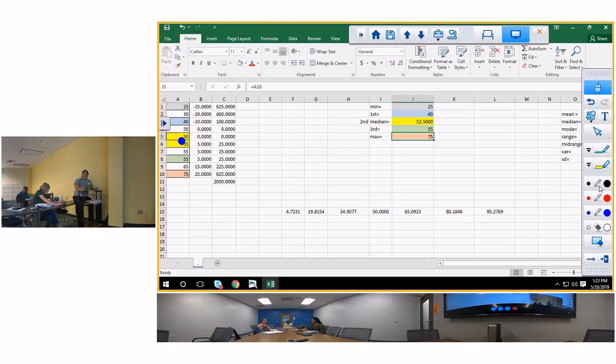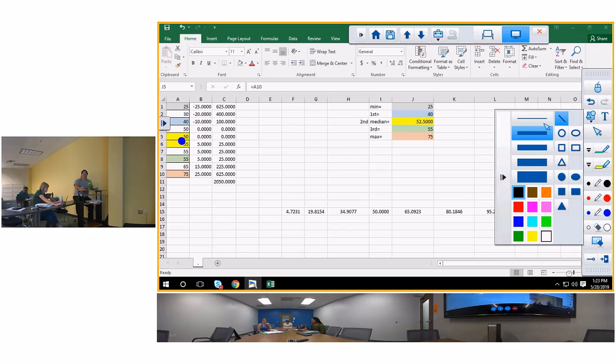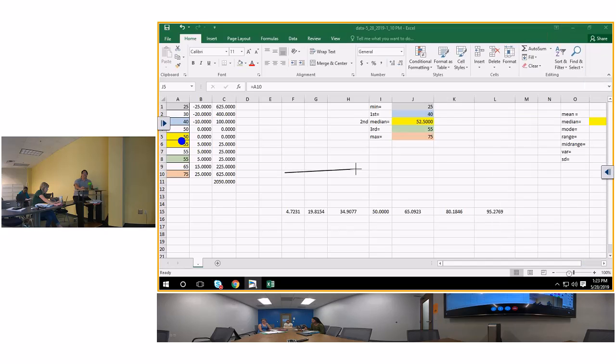So what do you do? You draw a straight line, and you put a max and a min. Max and a min, that's pretty self-explanatory. And the mid-range goes in the middle. That's your number line.